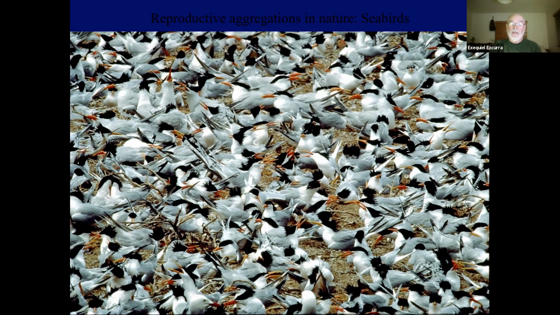Another reason in the case of birds for aggregation is, of course, that the birds can take turns in taking care of the nest. So if one member of a colony, or even sometimes two members of a nest, need to go and fish, they always have cousins, quote unquote, related birds around them that will take care of the chicks.